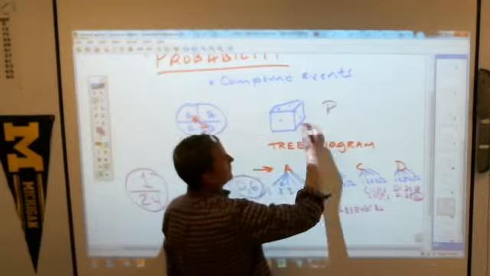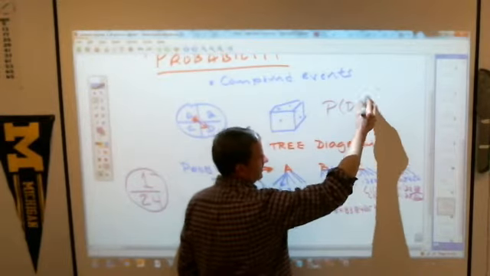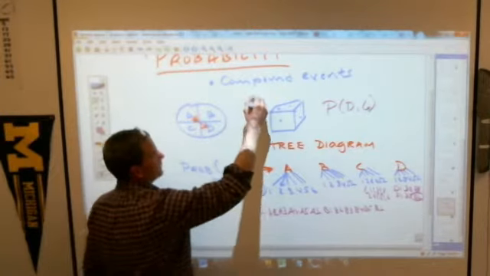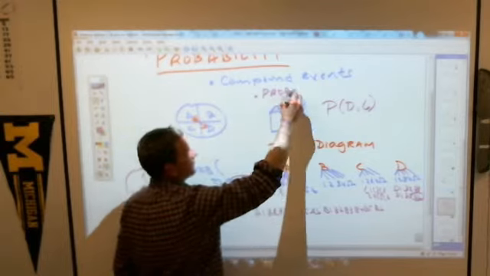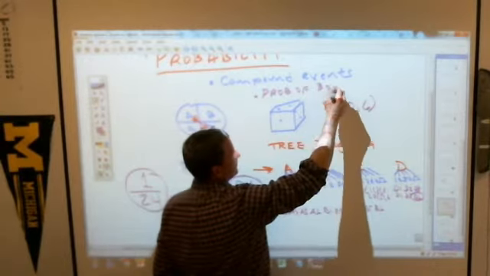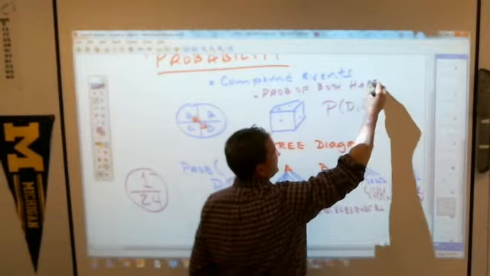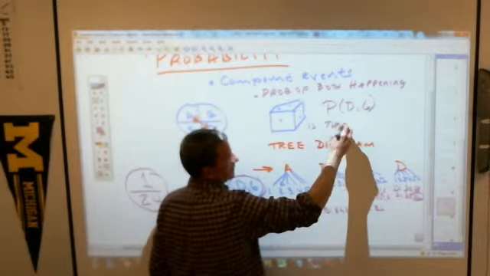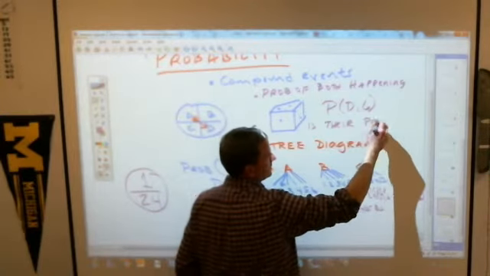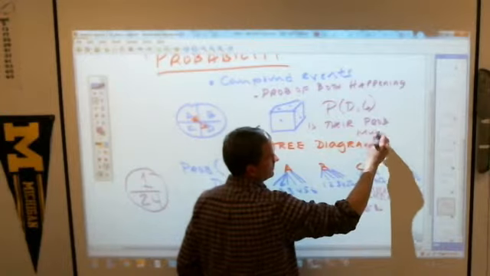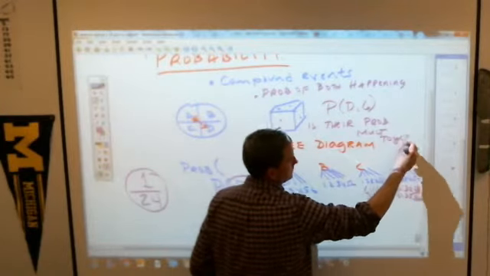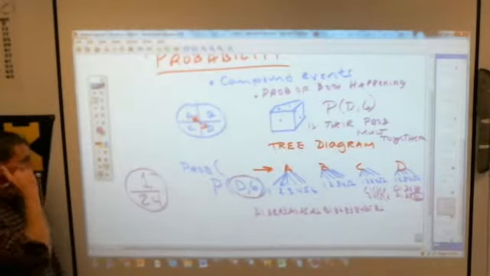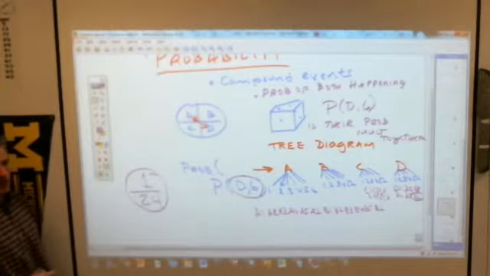If I'm looking for the probability of a D and a 6, if you have compound events, write this down, the probability of both happening is their probabilities multiplied together. Give you a chance to write that down, and then I'll tell you what that means.